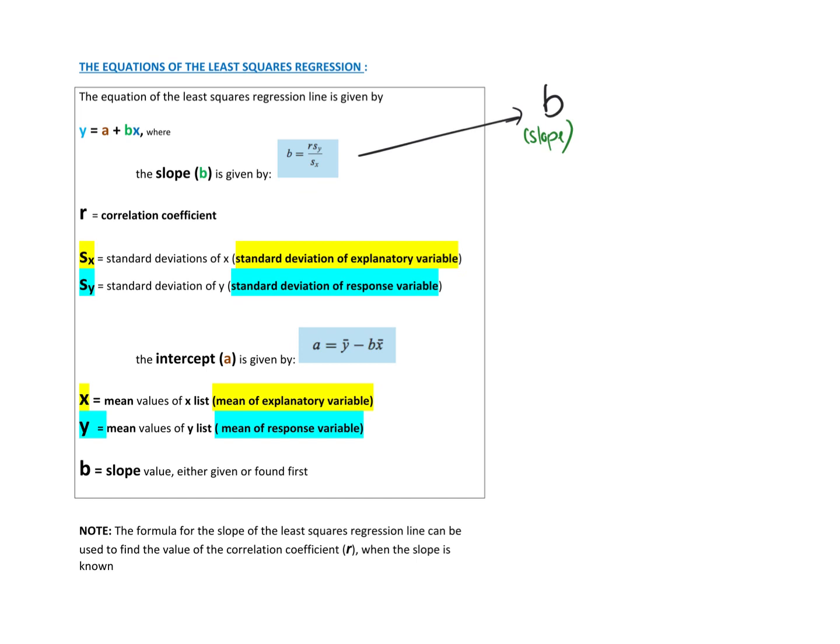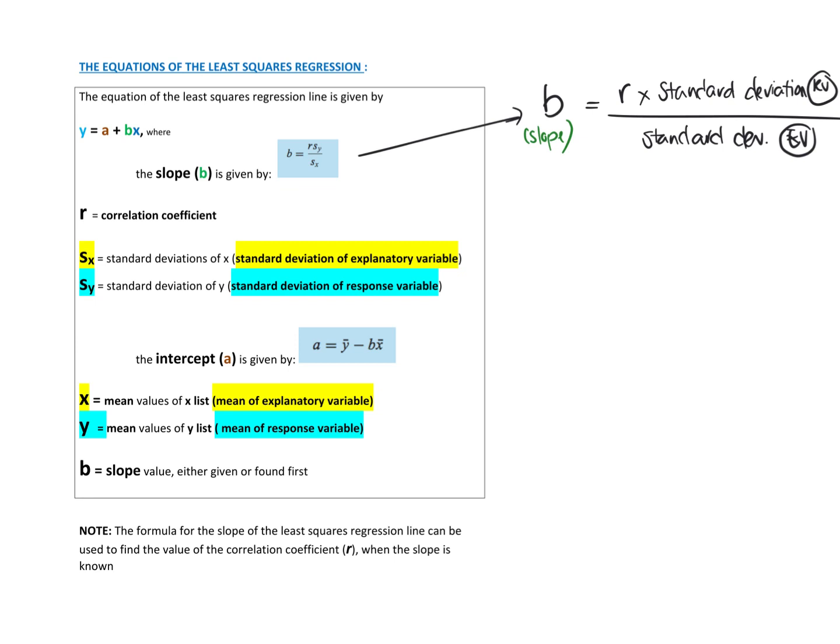You're going to do R, so the R value, the Pearson's correlation coefficient, and then you're going to times it by the standard deviation of the Y list, or we should say of the response variable, yeah? And then you divide it by the standard deviation of the explanatory variable, okay? So you can use this B value now, and it's all written there for you.